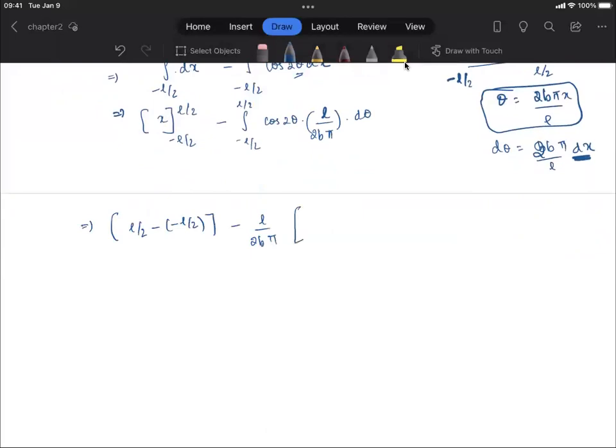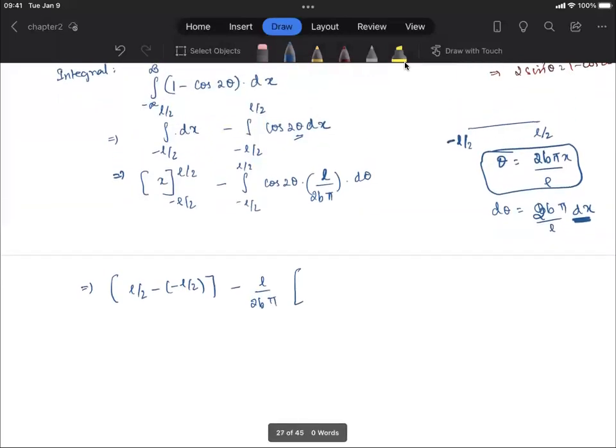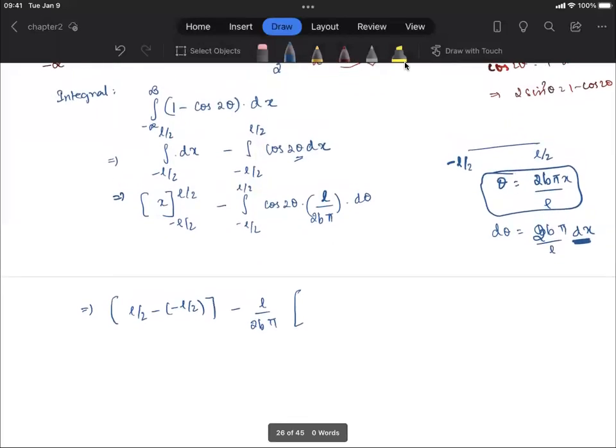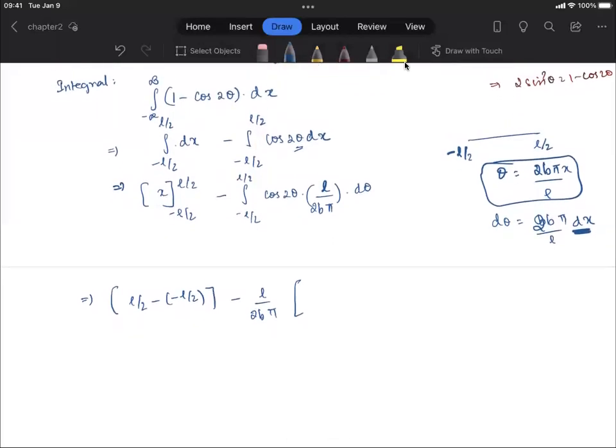The integral of cos theta: the derivative of sine theta is cos theta, so the integral of cos theta is going to be sine theta, right?